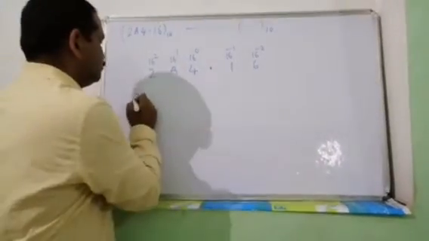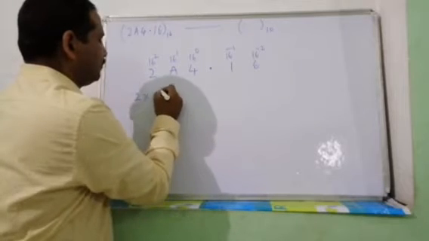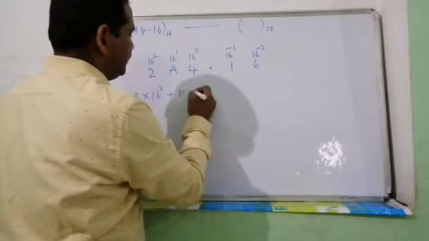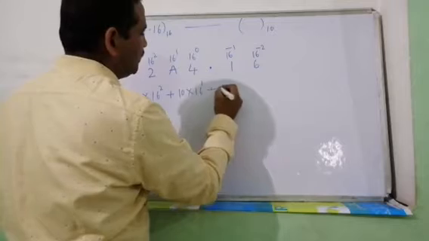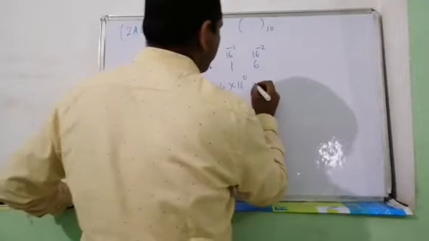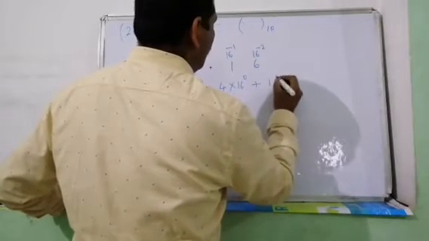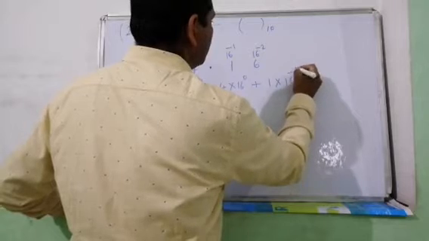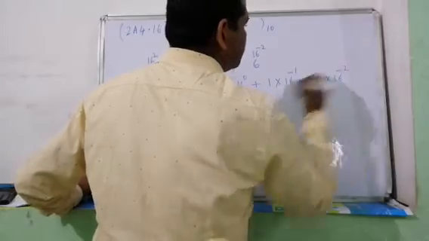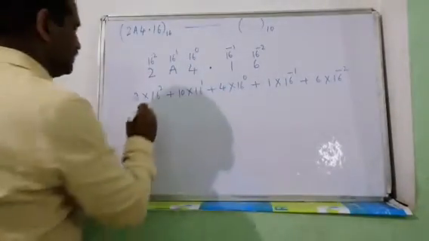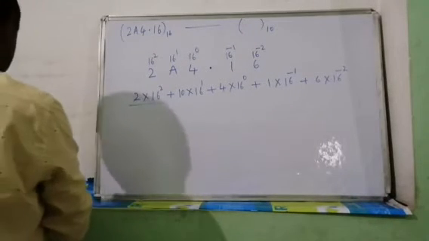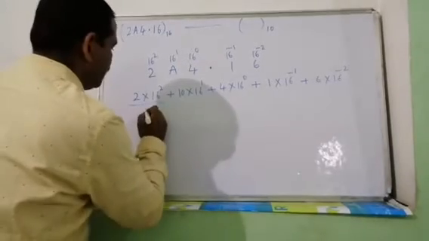Now 2 into 16 to the power 2 plus A is 10, 10 into 16 to the power 1 plus 4 into 16 to the power 0 plus 1 into 16 to the power minus 1 plus 6 into 16 to the power minus 2. Let us solve this one. 512.